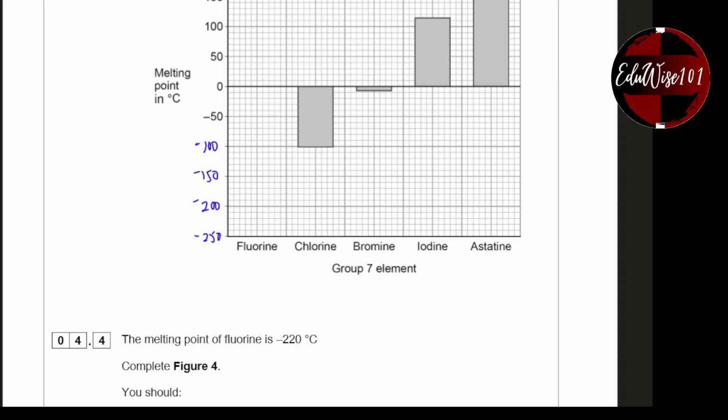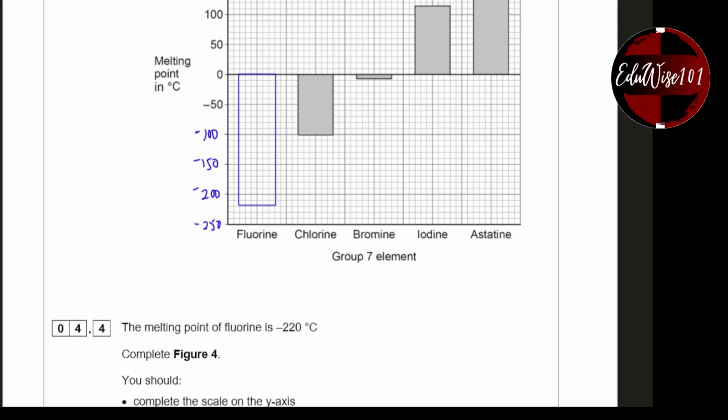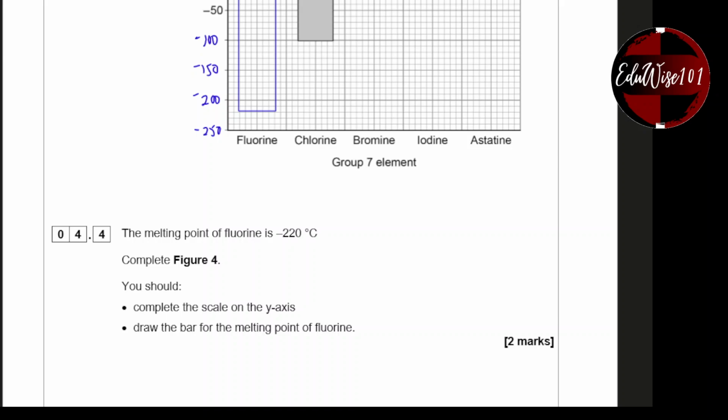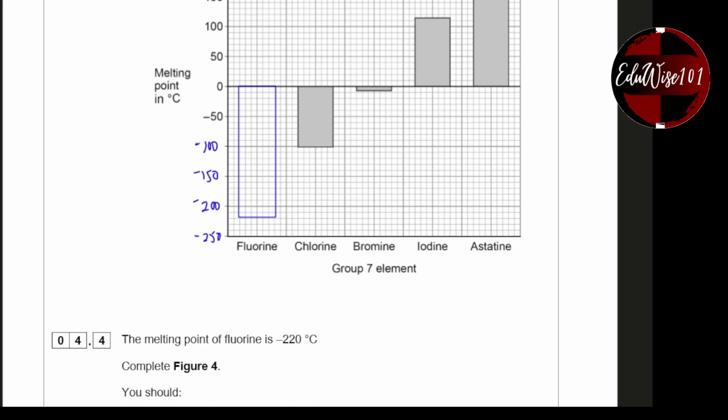So in order to draw the bar for fluorine, it should go down to minus 220. That would be 220. 1 mark for the scale and 1 mark for the correct bar to be drawn.